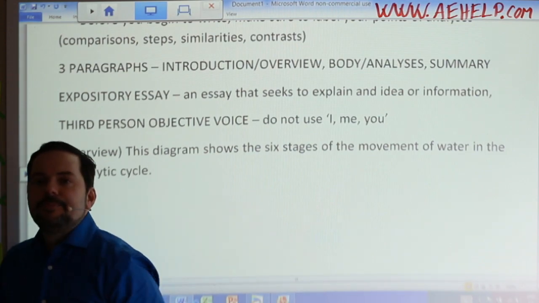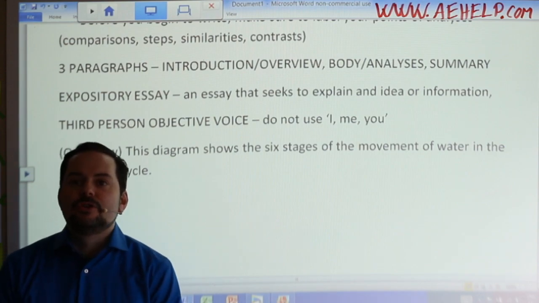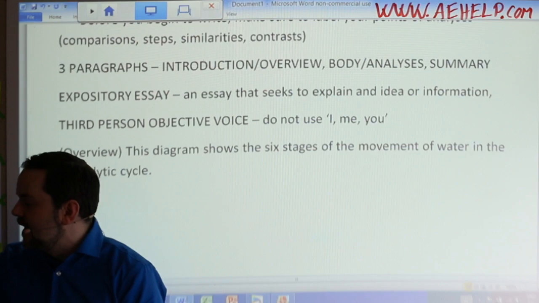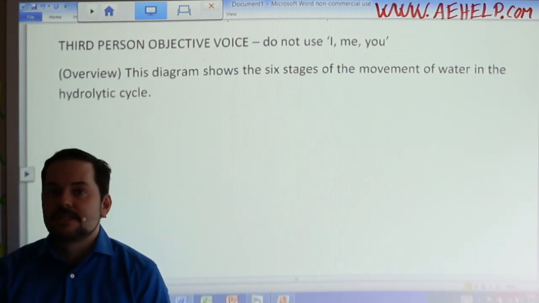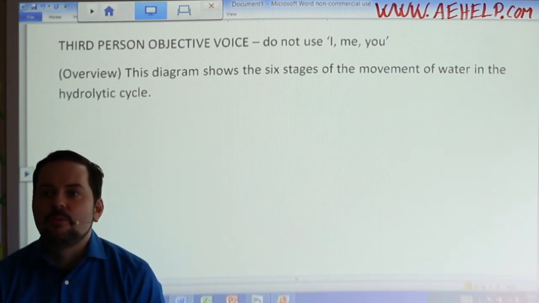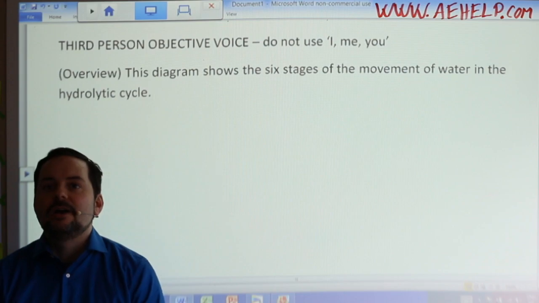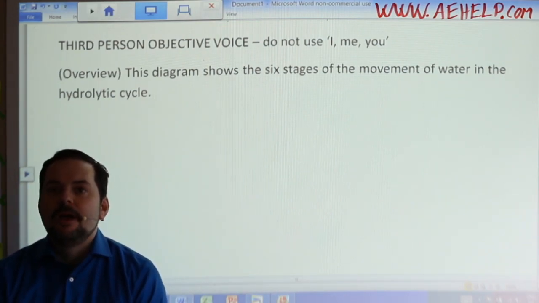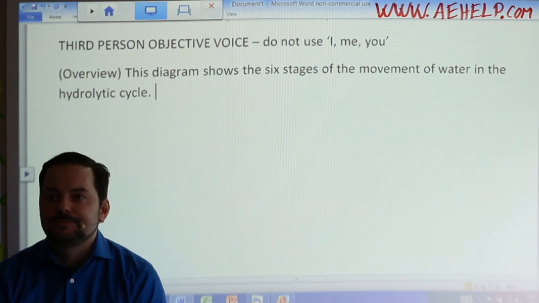Okay, so this diagram shows the 6 stages of the movement of water in the hydrolytic cycle. Hydrolytic cycle is the very technical way to say water cycle. If you don't know that word, that's okay. Then just say water cycle, okay? So the diagram shows the 6 stages of the movement of water in the hydrolytic cycle. Can we add anything else to this? So is there another piece of information?